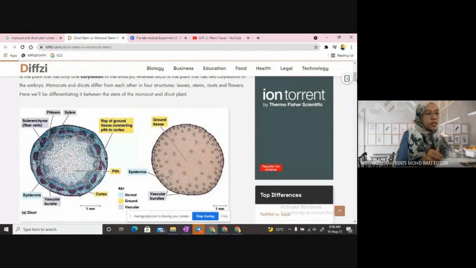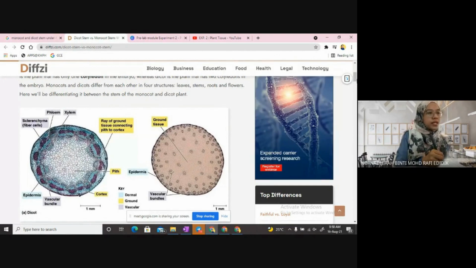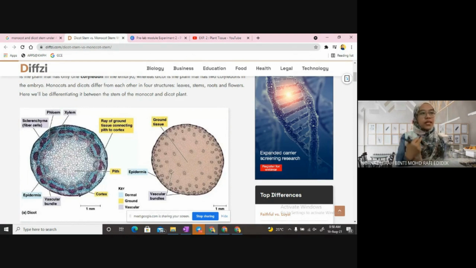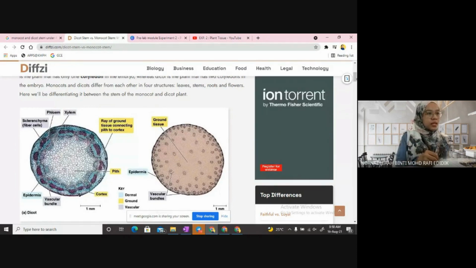And then bila kita go deeper, kita boleh nampak in the ring form the position of vascular bundle. Dan outer layer tadi, vascular bundle yang paling luar adalah phloem dan yang dalam adalah xylem. Okay, and then kita boleh nampak lagi cortex kat sini.